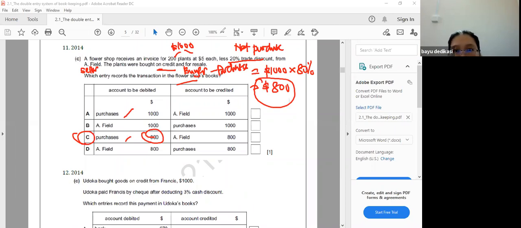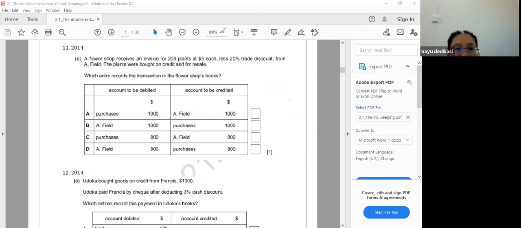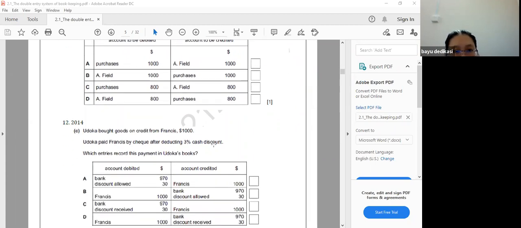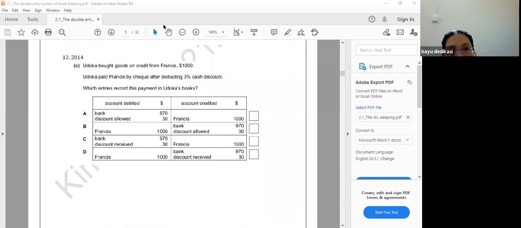Okay, let's continue. Udoka bought goods on credit from Francis. This is a seller. This is a buyer. Udoka paid Francis by check. Seller, this is a buyer.